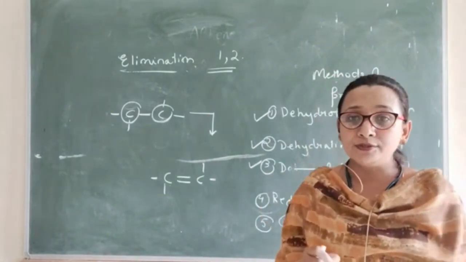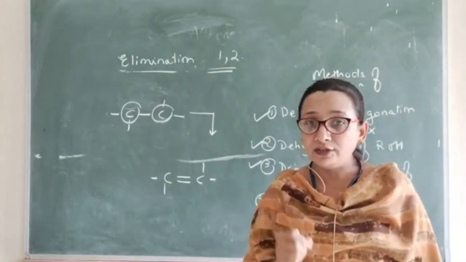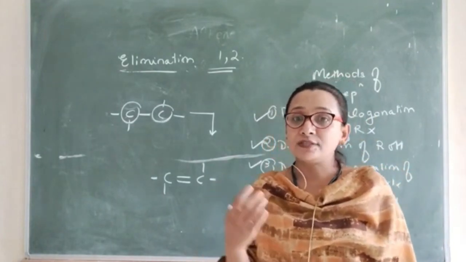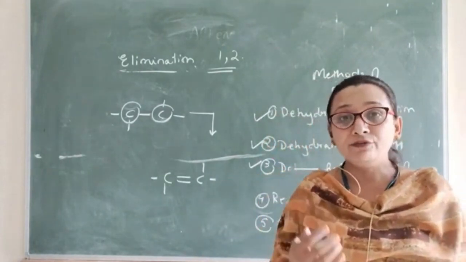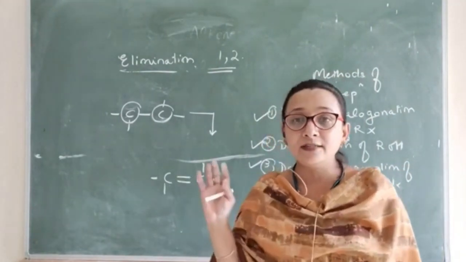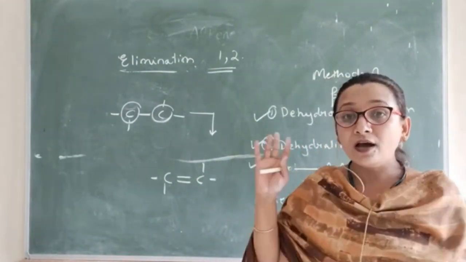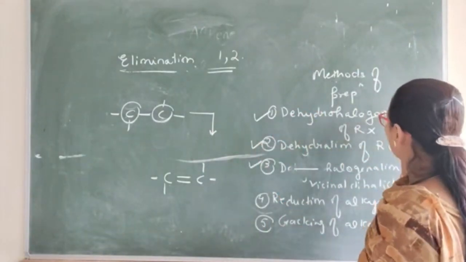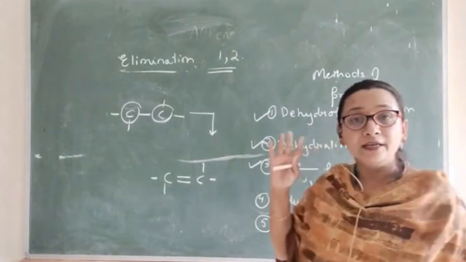My dear students, dehydrohalogenation of alkyl halide shows elimination first order and elimination second order reaction, which is called as E1 and E2. हम जब नेक्स्ट क्लास में मिलेंगे तो हम सारी डिटेल्स एलिमिनेशन रिएक्शन या खास तौर से दिस रिएक्शन कॉल्ड एज dehydrohalogenation reaction of alkyl halide ही पढ़ेंगे.